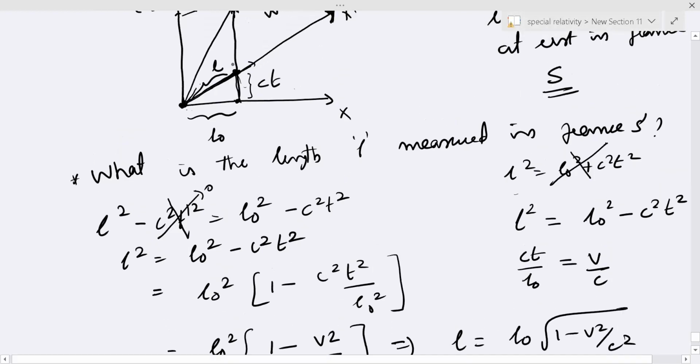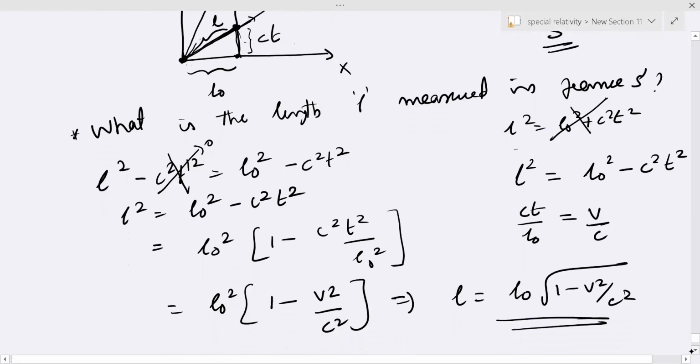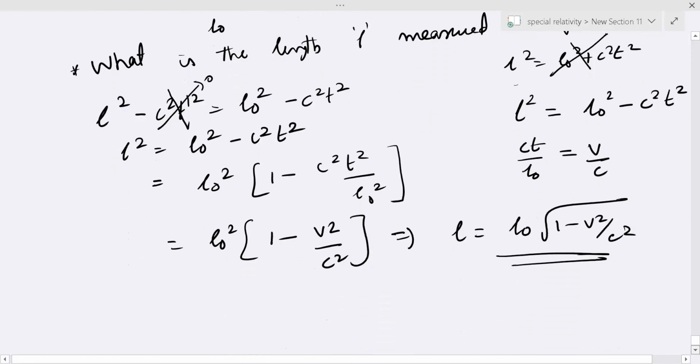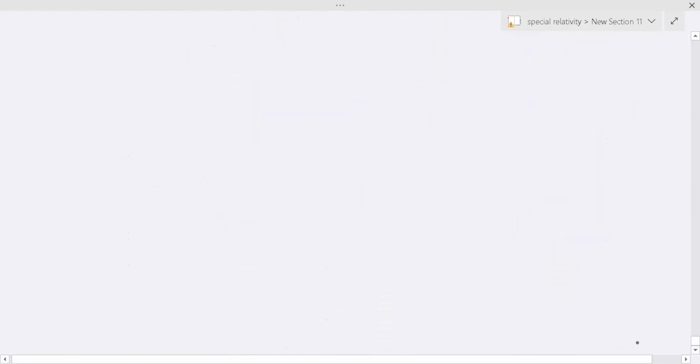But the idea is very clear here. The basic premise that we start with is that if you need to measure the length, you have to take the coordinates simultaneously. But for different observers, simultaneity is different. That's the reason why we have a length contraction.